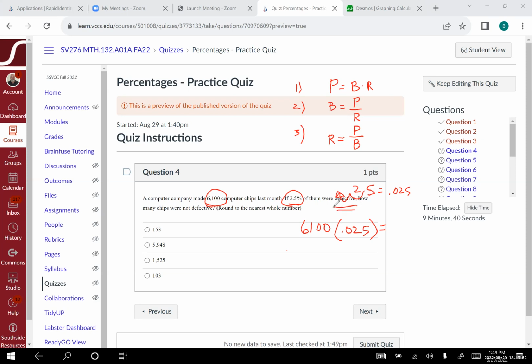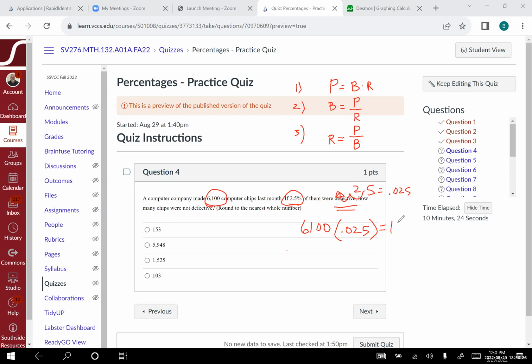Do you have a calculator there? Well, I got a calculator here too. Let me figure that out. 6,100 times 0.025, 152.5.